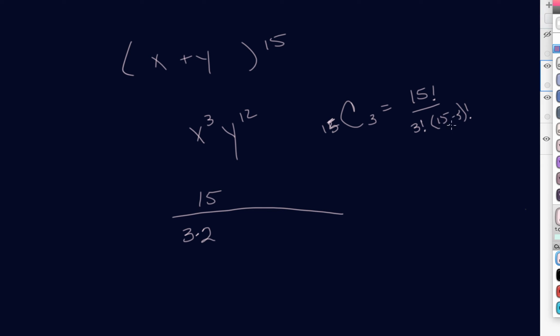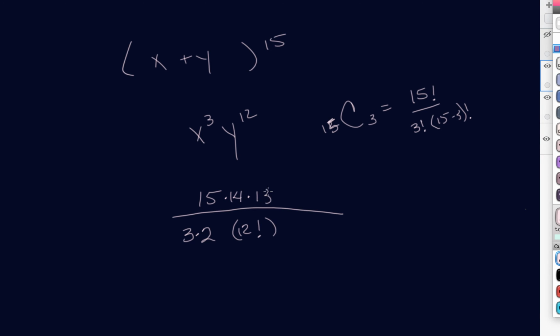Now 15 minus 3 is 12, right? So I have 12 factorial right there. So this goes 15, 14, 13.